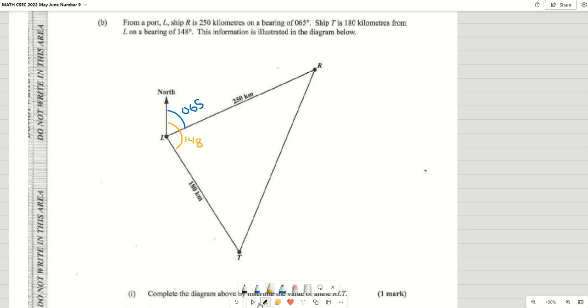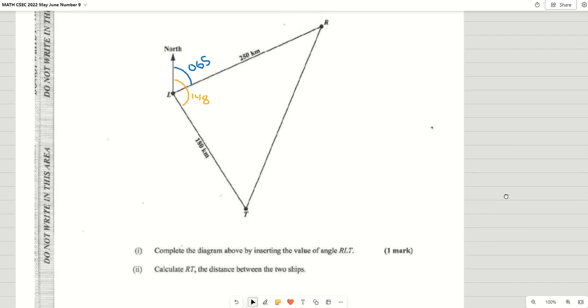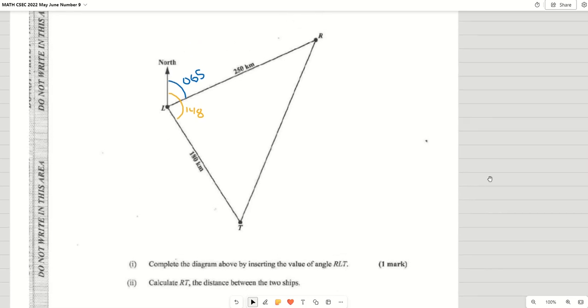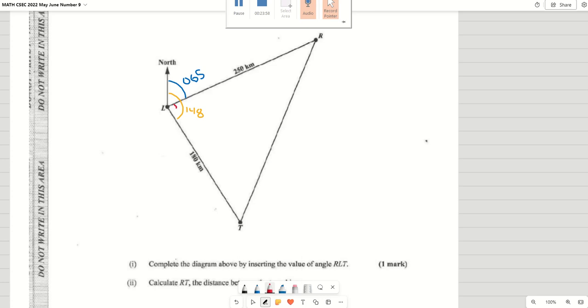So what is the first thing that it says? Complete the diagram above by inserting the values of angle RLT. So they want, let's change this color to red, they basically want this angle here.